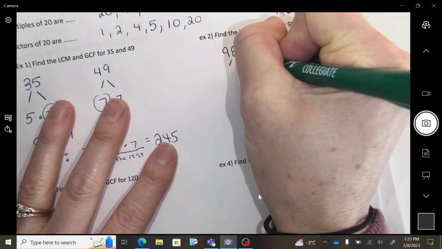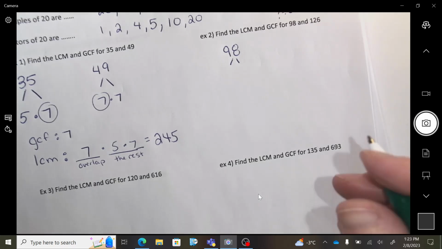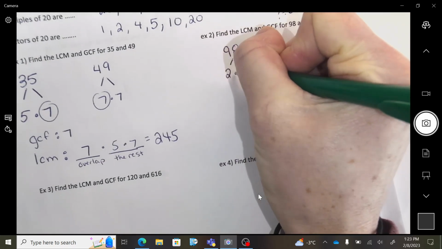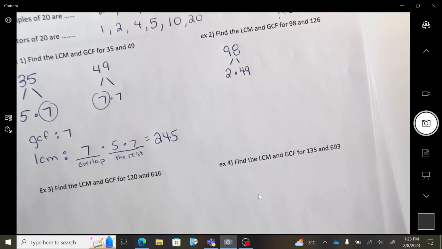98. So I'm going to start with the lowest that I can. So I'm going to start with 2. 2 times, and I would do this in my calculator probably, 98 divided by 2, 49.